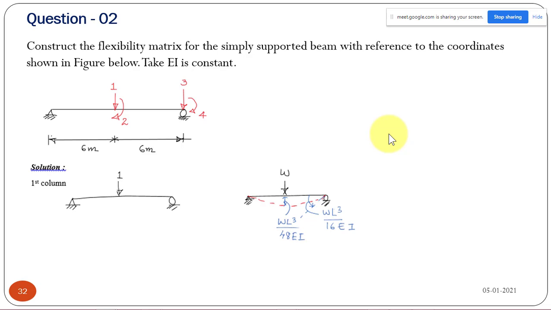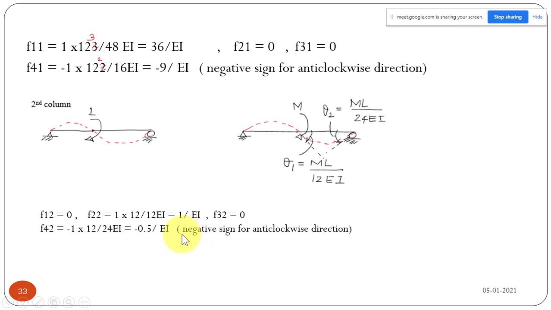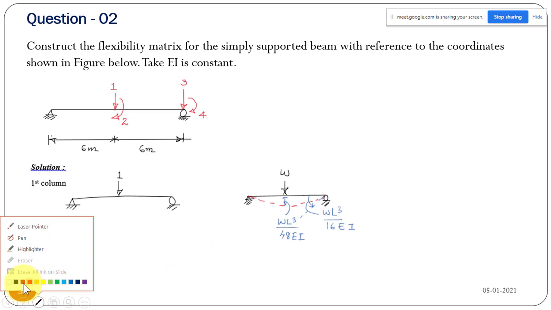So in this question, the procedure is the same, there is no difference. Some formulas may change for the displacement calculations, but there are no other changes. A simply supported beam is given, and the coordinates are already given, like this: 1, 2, 3, 4. So we will have a flexibility matrix.